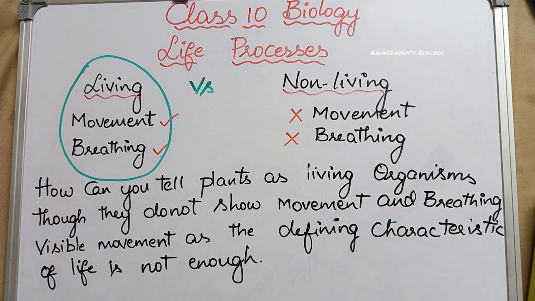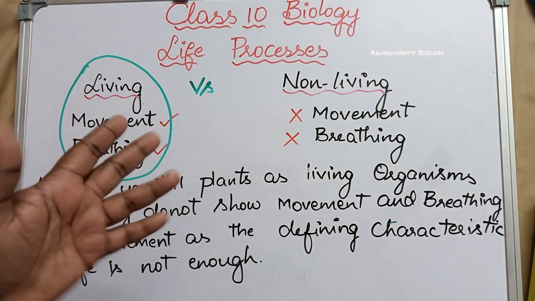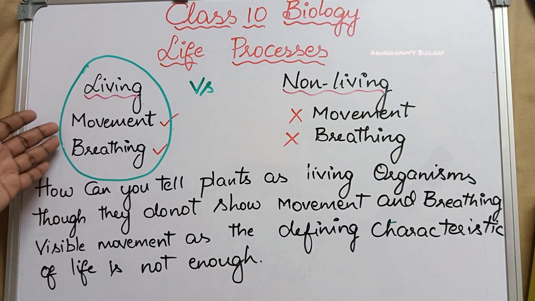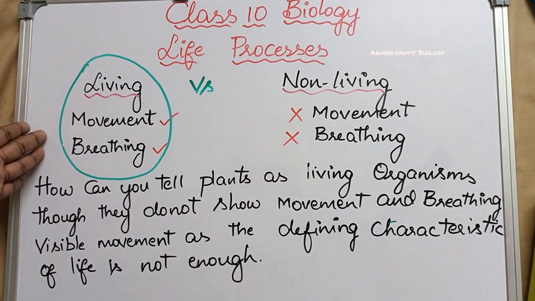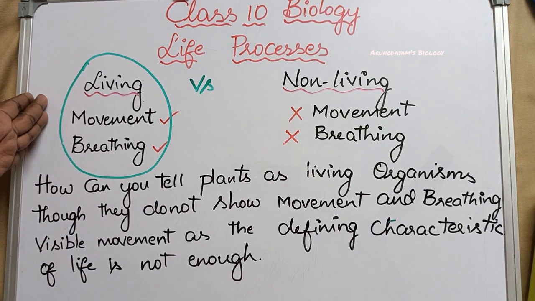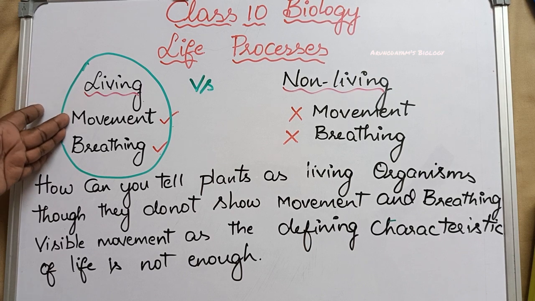That is what we are going to learn in this chapter. We are going to learn about the life processes in our next videos. So that is our topic today. We have learned about the differences between living and non-living things. There are some characters which tell us whether a particular thing is living or non-living, but we should not take these as criteria. Why?